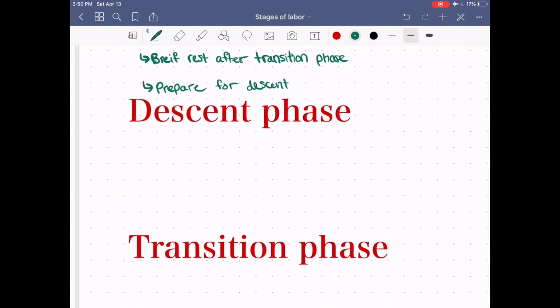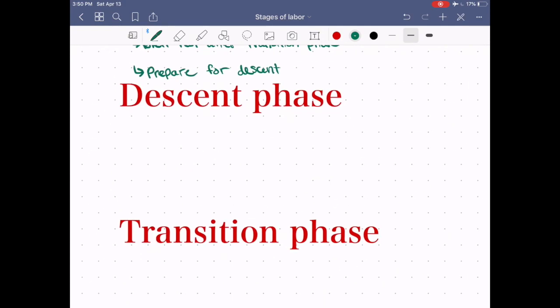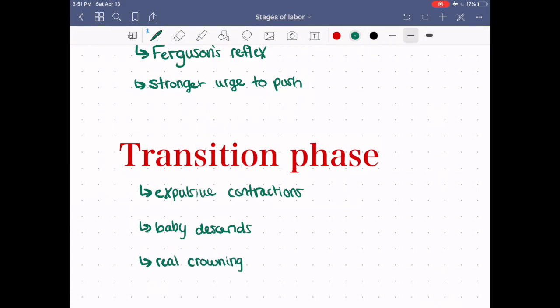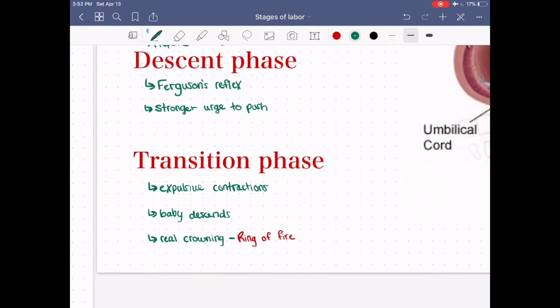In the descent phase, we're going to see the Ferguson's reflex. This is when the baby's head stretches the cervix and feedback is sent back to the brain, where oxytocin is released to stimulate stronger uterine contractions, pushing the baby down. The transition phase is where the expulsive contractions occur. The baby descends, and in real crowning, the ring of fire is occurring.